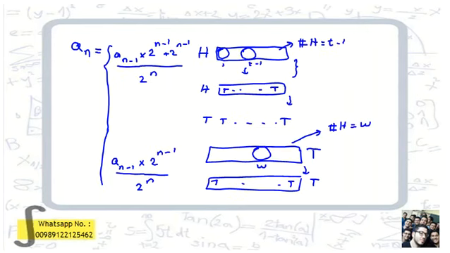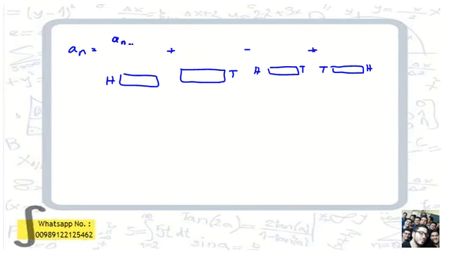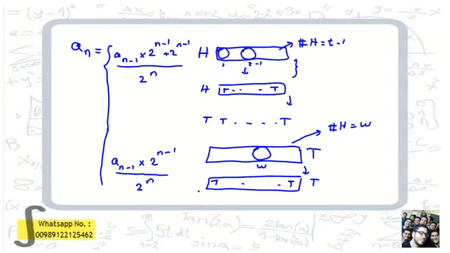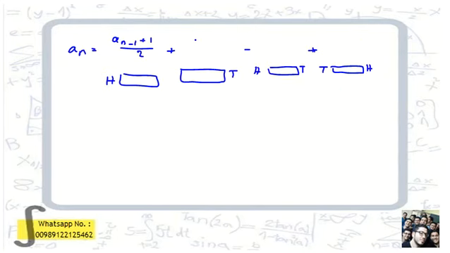But at first, it's a_{n-1} times 2^{n-1}. It will be a_{n-1} over 2 plus 1 over 2. Okay, it will be a_{n-1} plus 1 over 2. And the next one is a_{n-1} over 2.